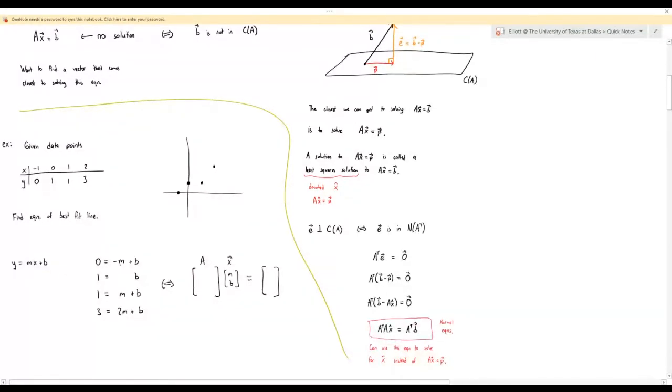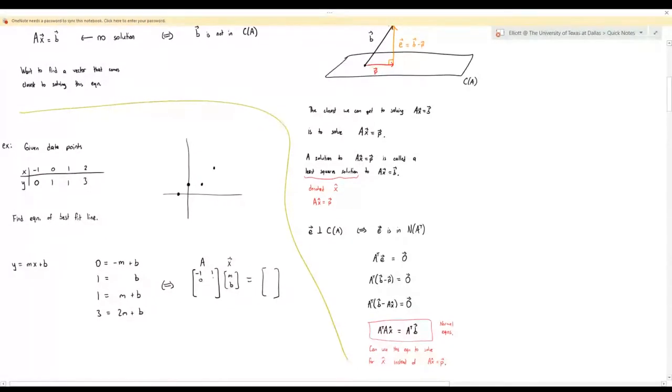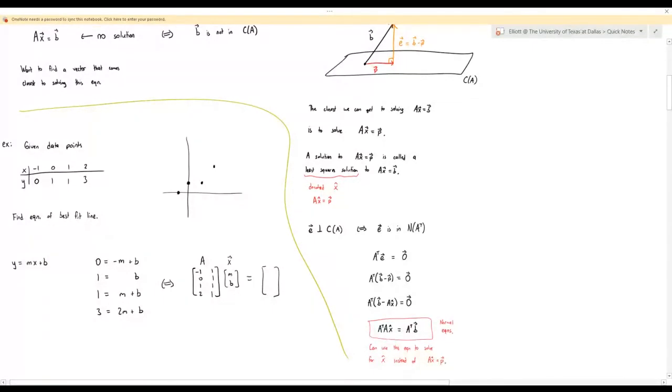The coefficients are -1, 1, 0, 1, 1, 1, and 2, 1. And on the other side, we have 0, 1, 1, 3. That would be the vector b.